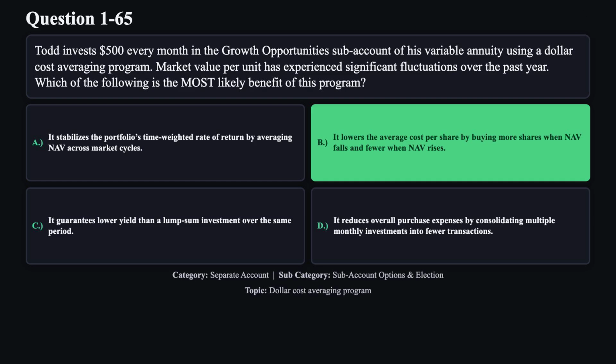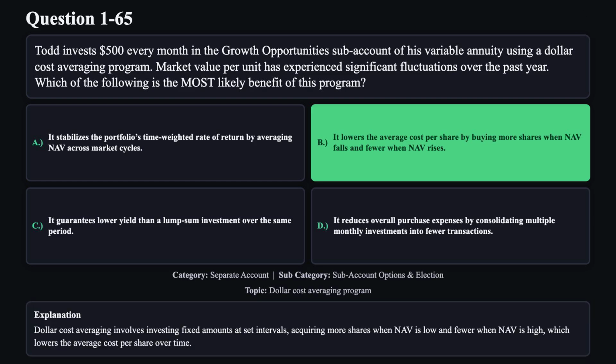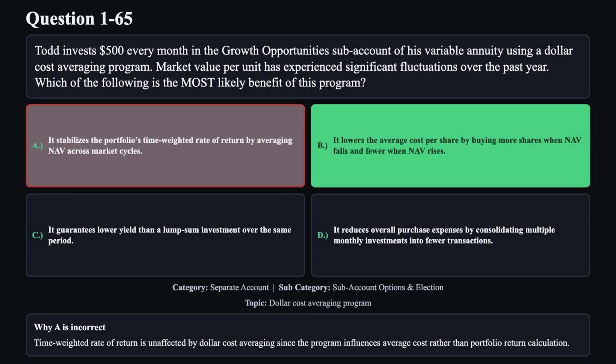The correct answer is B. Dollar-cost averaging involves investing fixed amounts at set intervals, acquiring more shares when NAV is low and fewer when NAV is high, which lowers the average cost per share over time. Reason A is not correct. Time-weighted rate of return is unaffected by dollar-cost averaging, since the program influences average cost rather than portfolio return calculation.